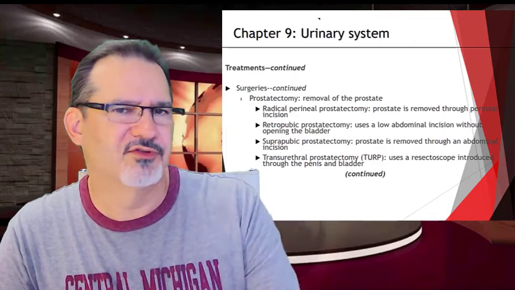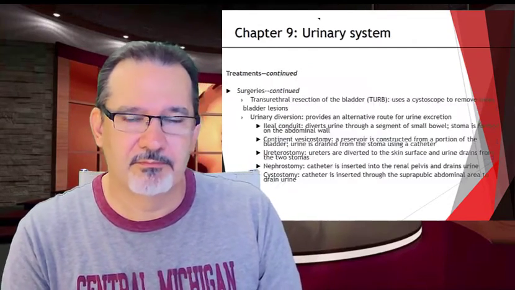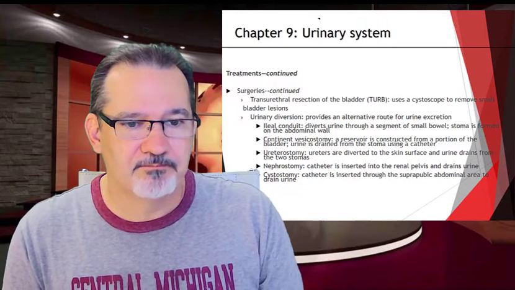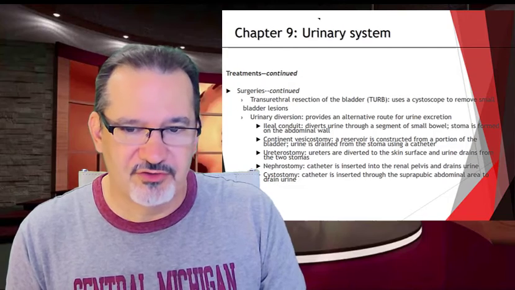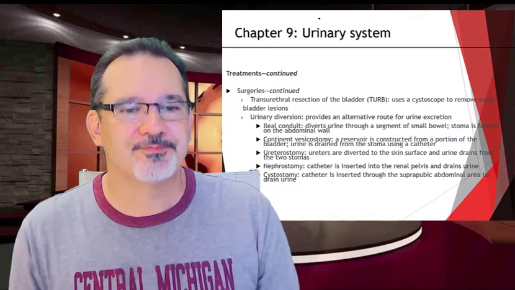In particular, for something maybe like a biopsy of the prostate, in order to make a diagnosis. Okay. Transurethral resection, a TURB, uses a cystoscope to remove small bladder lesions.